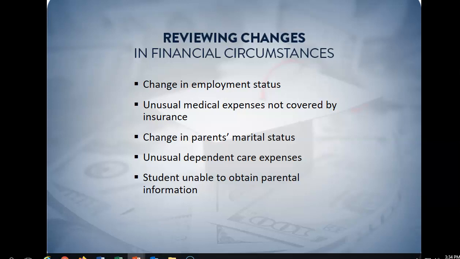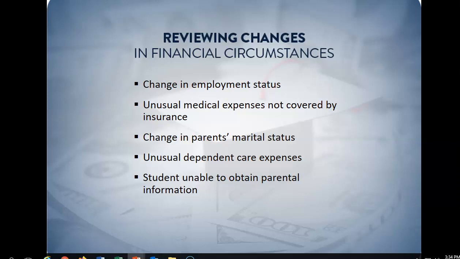So that would be such things as changes in employment status, unusual medical expenses that are not covered by insurance, changes in a parent's marital status, unusual dependent care benefits.